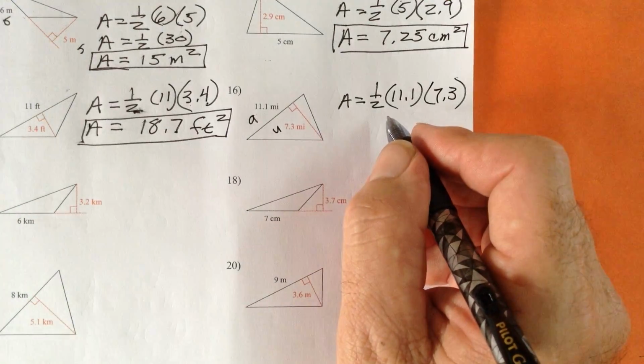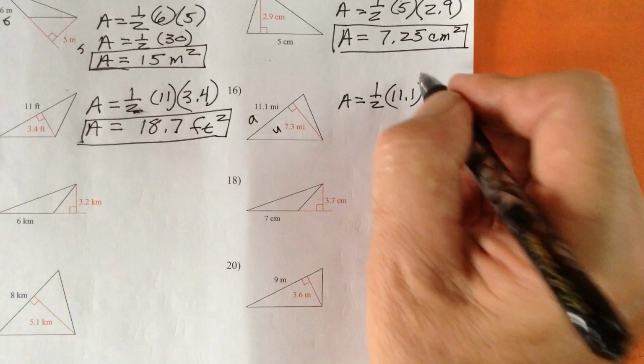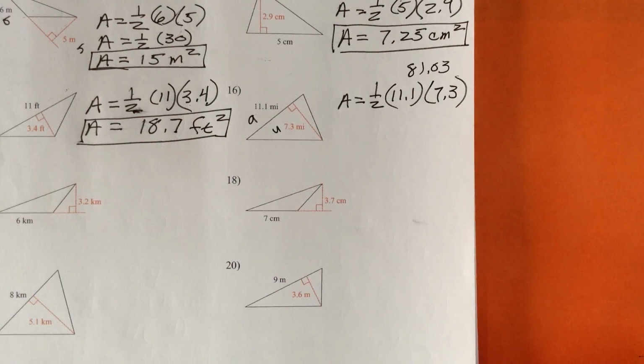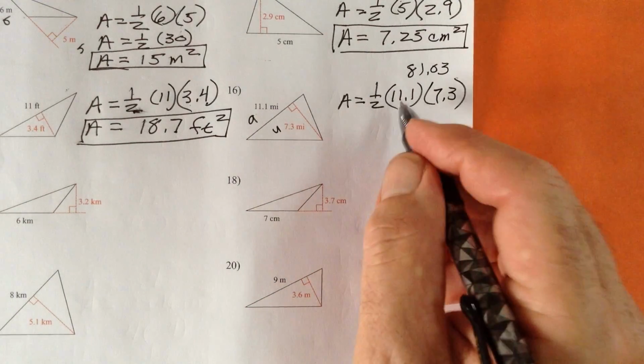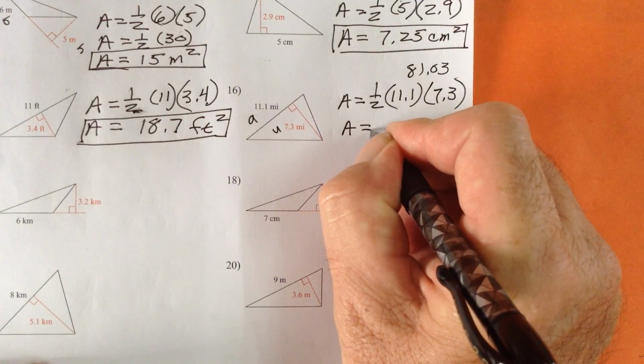I already calculated this one out: 11.1 times 7.3 came to 81.03. And then divide by 2 or times 0.5.